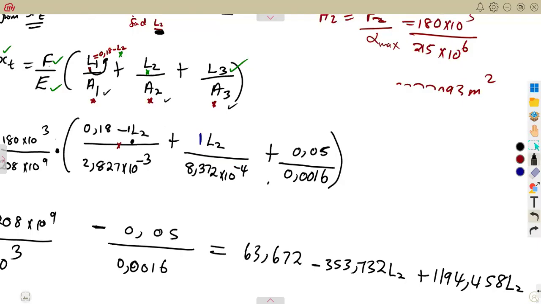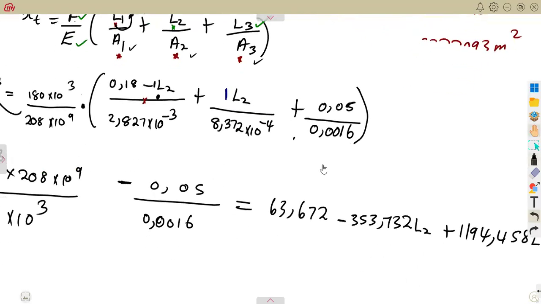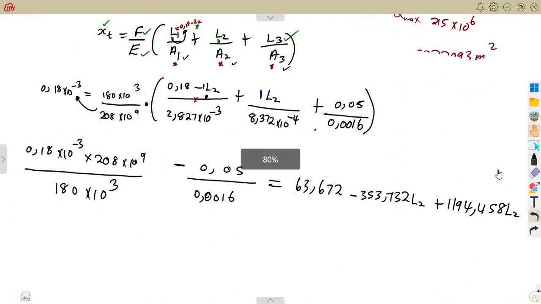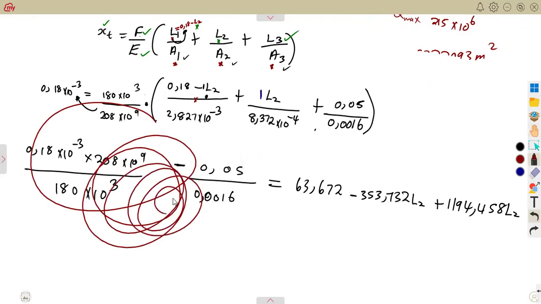So this is where you are. As we can see from this side, there is a need for us to simplify the left side of the equation.